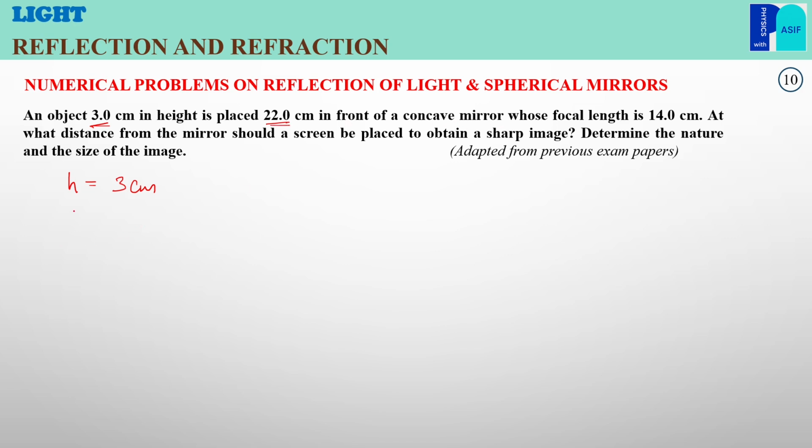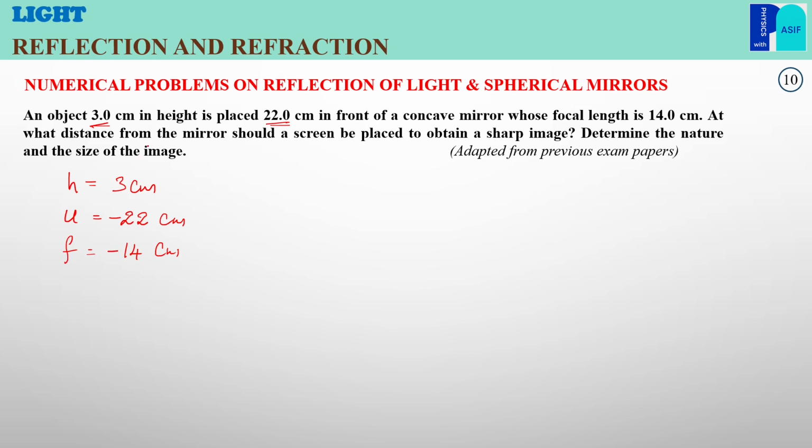That is the object distance u is equal to 22 centimeters. Since it is object distance, it should be negative. And the focal length of the concave mirror is 14 centimeter, that is f is equal to 14 centimeter. The focal length of a concave mirror is taken negative, therefore minus 14 centimeter.